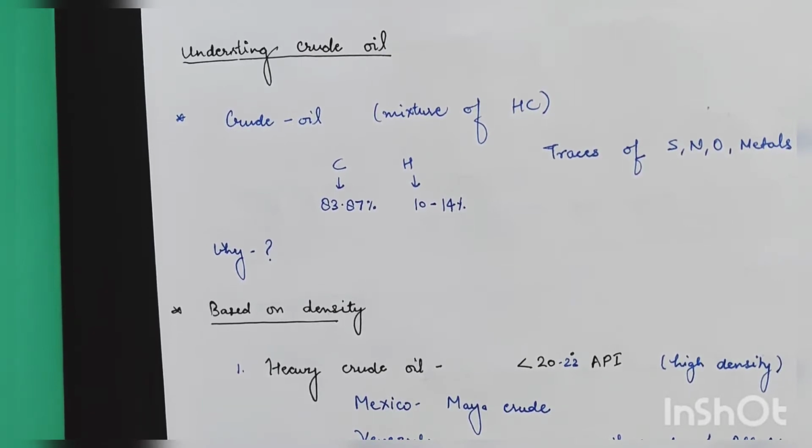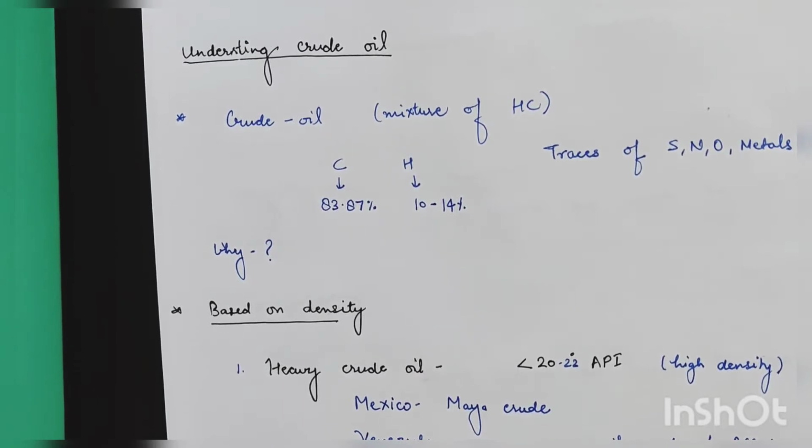But before going to refinery, we have to understand the crude oil basics, that what is crude oil and what constitutes crude oil, and why it is important: the crude oil only decides what kind of refinery unit should be put in so that the distillation is easier. So that's why we are understanding crude oil first of all, then we will move to refinery basics.